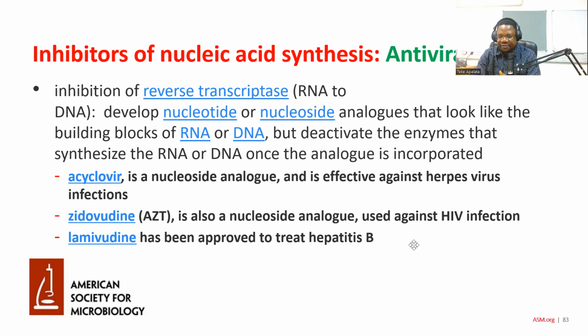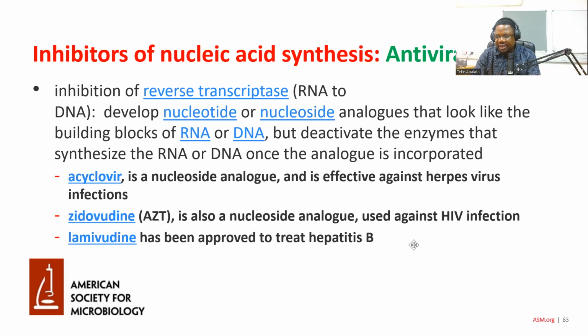Some of those nucleotide or nucleoside analogs include acyclovir. For example, it's a nucleoside analog and is effective against herpes simplex virus. We have zidovudine, that is AZT, also a nucleoside analog used against HIV.